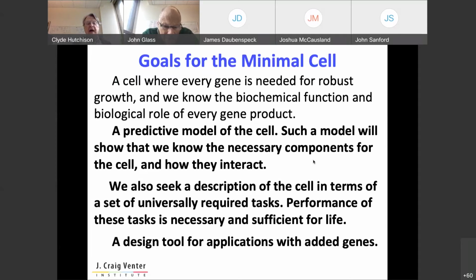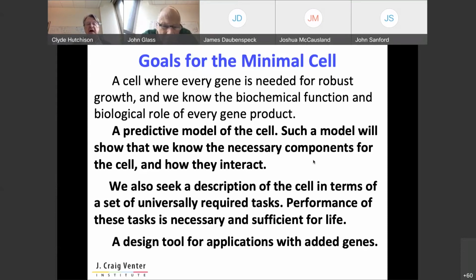So that will show what the necessary components are and how they interact. And we also are interested in seeking a description of the cell in terms of a set of universally required tasks, because sometimes a different set of genes could perform the tasks. So the gene set is less universal than the task description, I think.